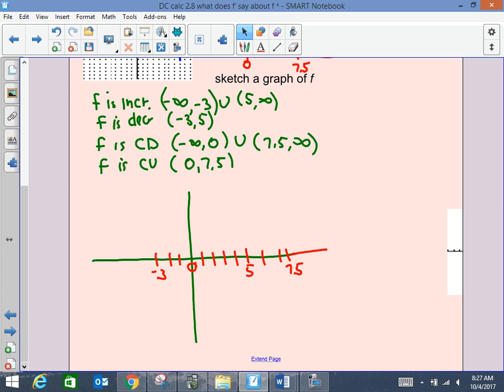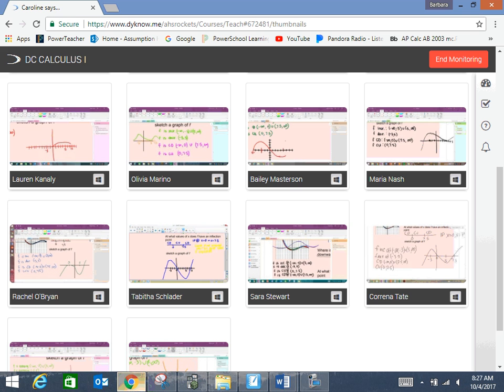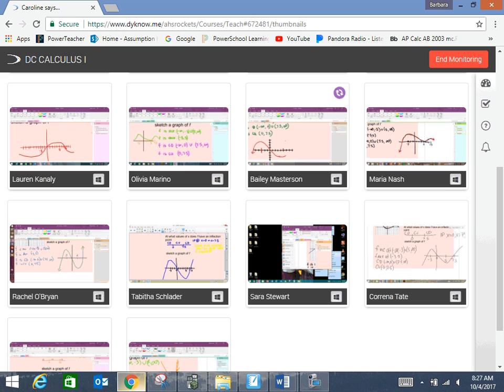Let's see. Check before I start talking how you're doing. Looks good. Good. You're going to have concave down and increasing, kind of a sideways thing.